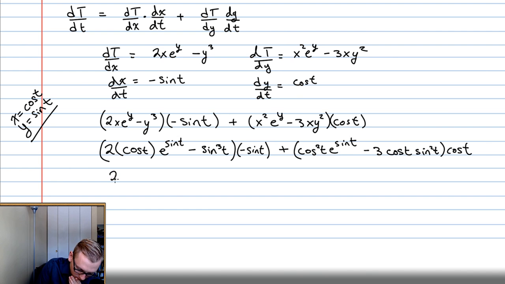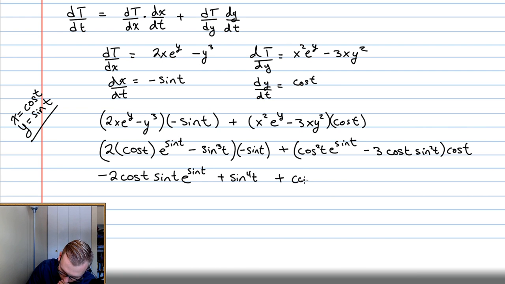Okay, so minus 2 cosine t sine t e to the sine t, and then we've got plus, minus times a minus, sine to the 4th t, and then plus cosine cubed t e to the sine t minus 3 cosine t squared sine squared t.